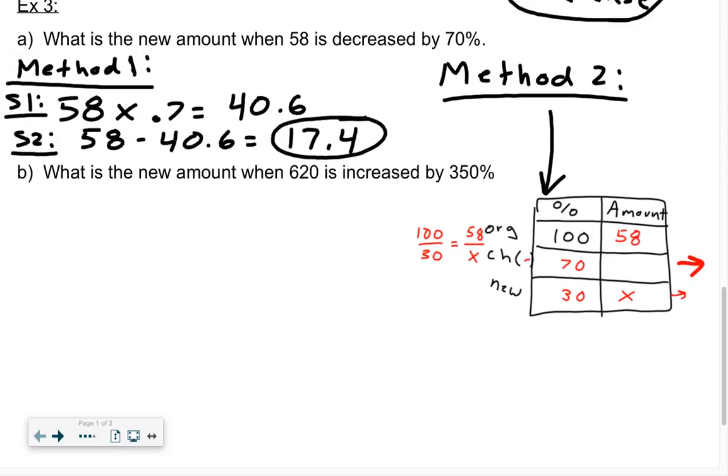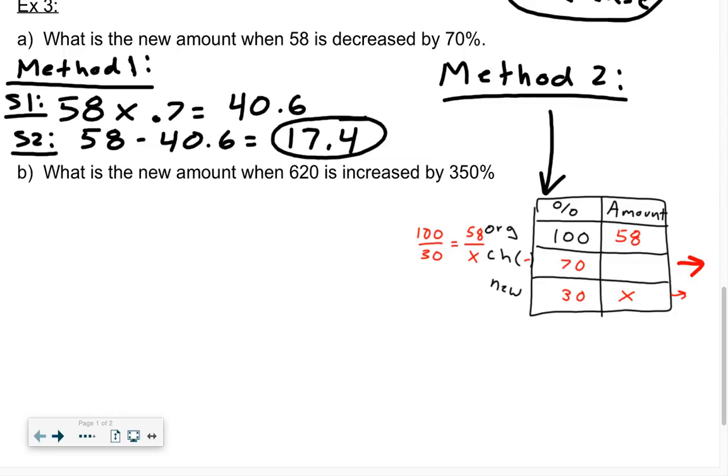On your own, what is the new amount when 620 is increased by 350%? You can use either method, whatever you want to use. If you like the percent of change chart, it always works for any of these problems.